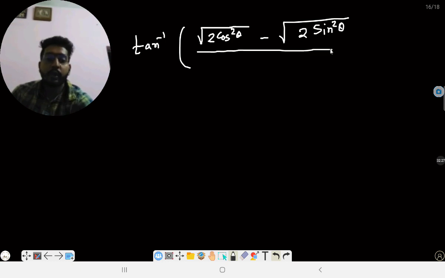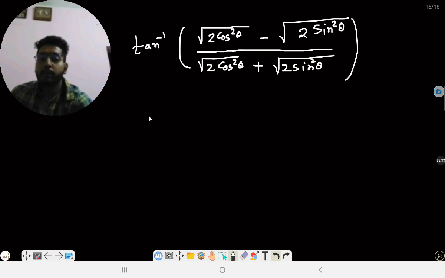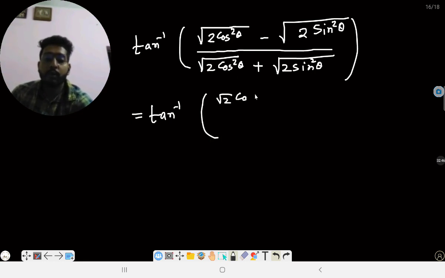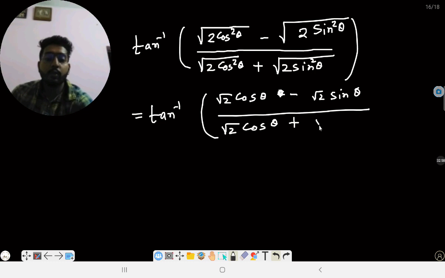Same thing in the denominator also: root under of 2 cos square theta plus root under of 2 sine square theta. Now if I remove the root, that will be tan inverse of root 2 cos theta minus root 2 sine theta, and in the denominator also root 2 cos theta plus root 2 sine theta.